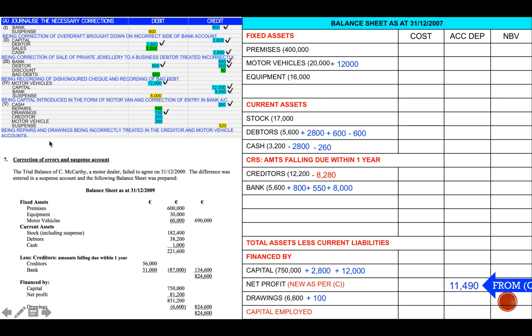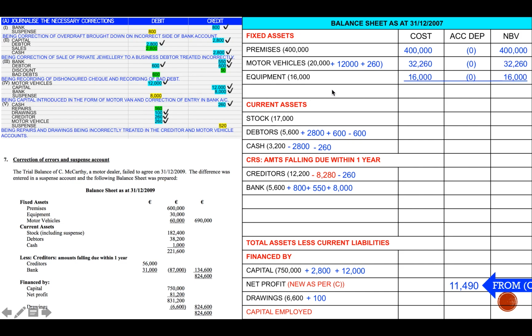Then our next item is creditor. Creditor is a liability, and when liabilities are on the debit side, that means that the liability is reducing. So the creditor is going to reduce by 260. Motor vehicle is an asset. When assets are on the debit side, that means that that asset is increasing. So 260 is going to be added to the motor vehicle. So that is all of our figures put in there.